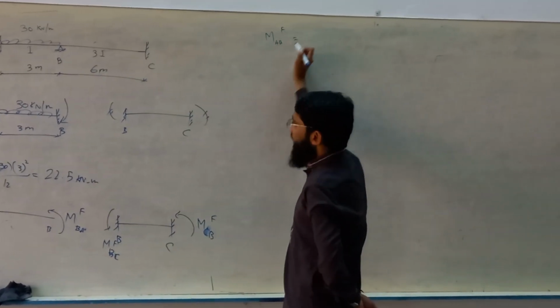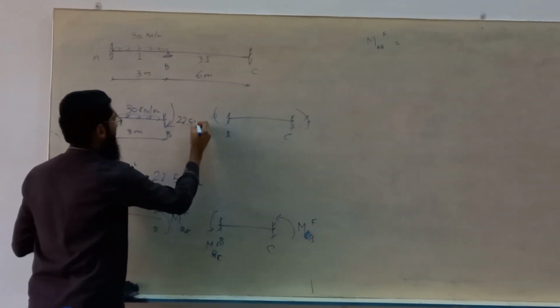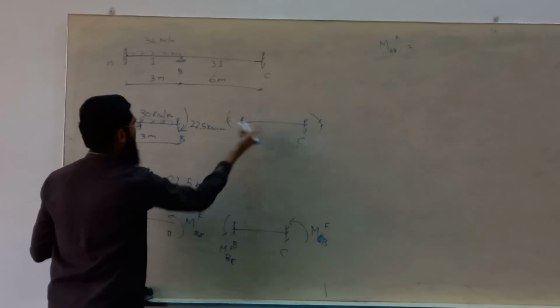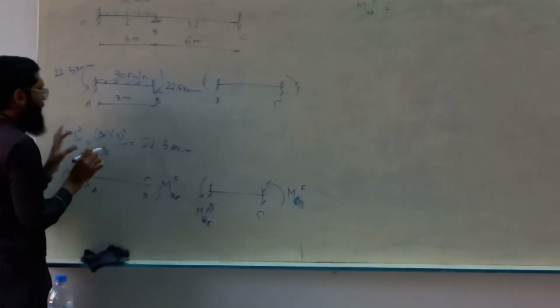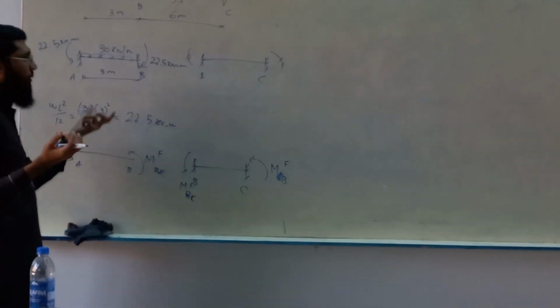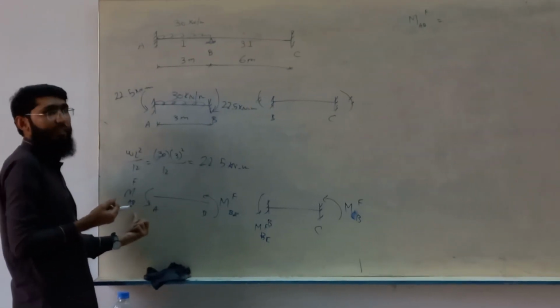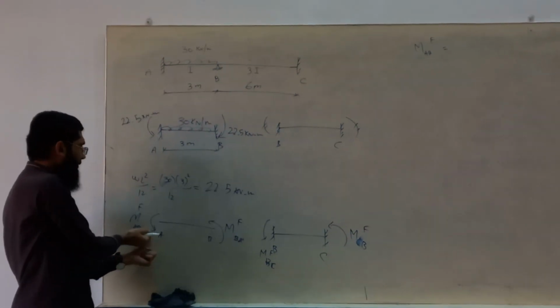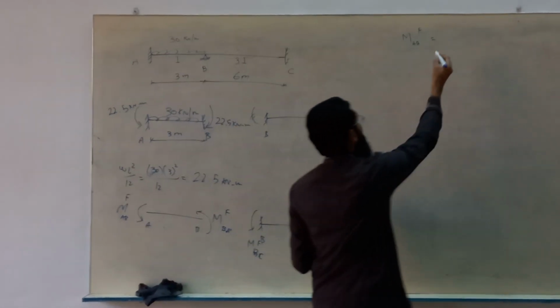MAB fixed is equal to this. This is actually 22.5 kilonewton meter, and these are zeros. Okay? Now you just have to do a simple job. This is MAB fixed as per the sign convention, and the sign convention is counterclockwise. This is also counterclockwise, so you would say this is positive.